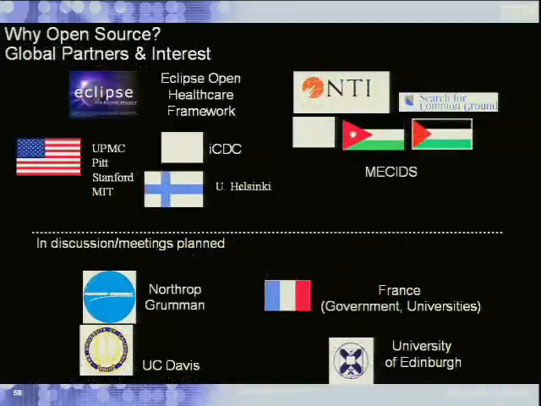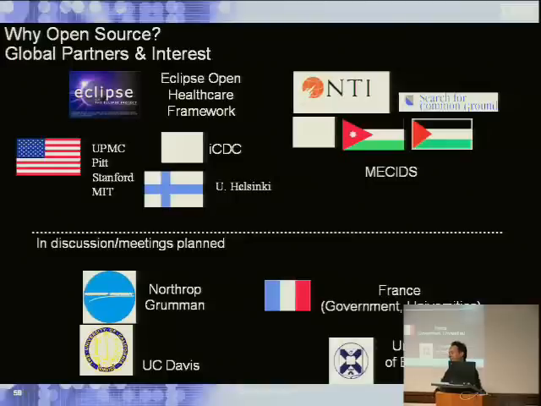Why open source? We talked about all the vectors of infectious disease. No one organization can solve this problem. No one research group can come up with a framework that will allow you to rapidly prototype every emerging infectious disease, including things we've never heard of.